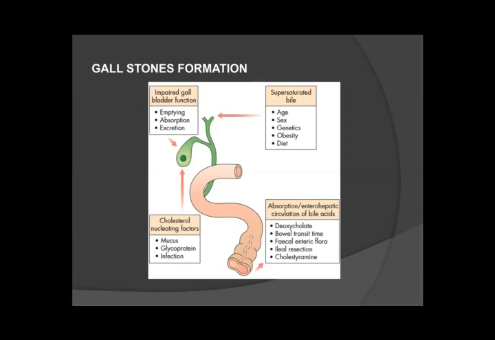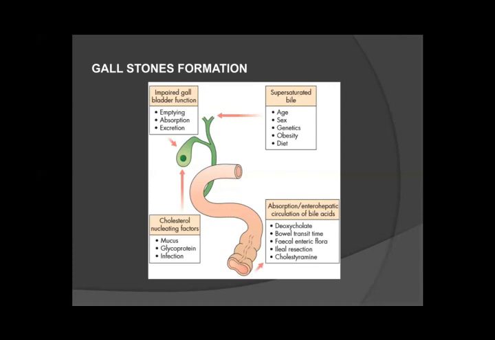Impaired gallbladder function can consist of three things: impaired emptying of the gallbladder, impaired absorption of the gallbladder, and impaired excretion of the bile salts. And then lower down we have the cholesterol nucleating factors, such as mucus glycoprotein and infection, that can also lead to gallstone formation.